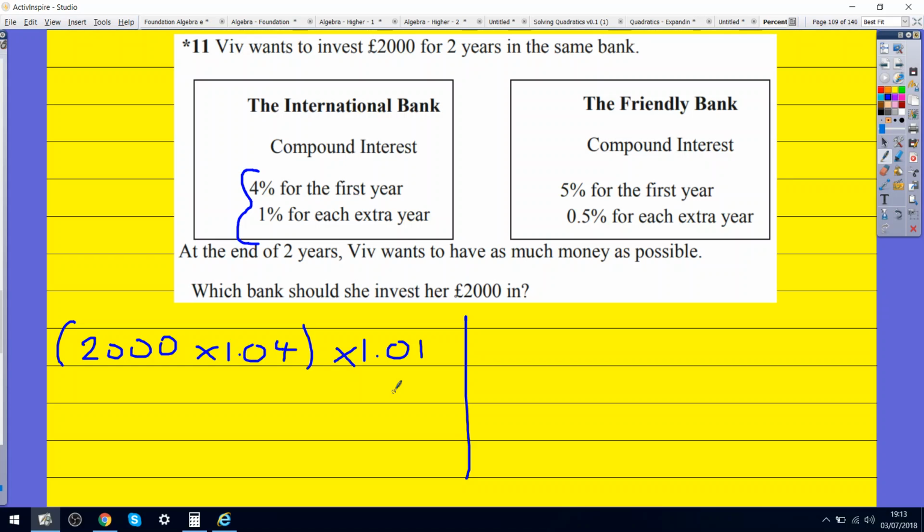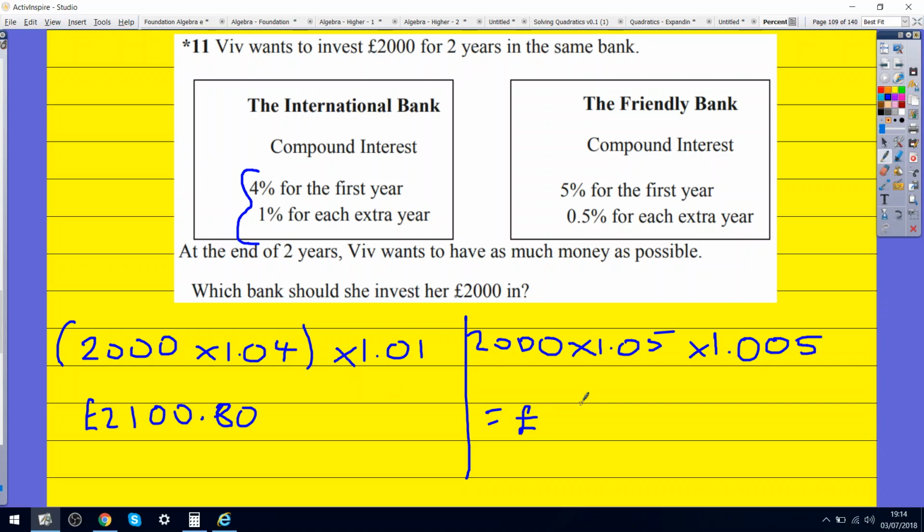So that will be 2,000 times 1.05 times 1.005, which I'll type in. That gives us £2,110.50, and so we get that the friendly bank gives her more money. That's what she should invest. Any questions there? No, that's fine.